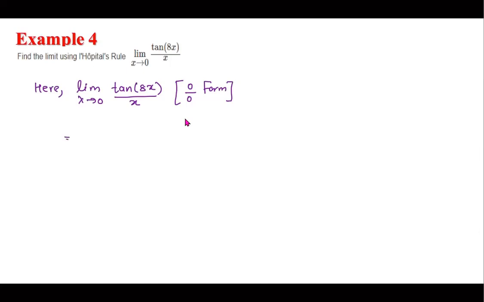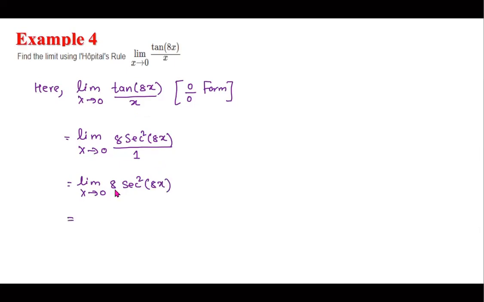That means we find the derivative of the numerator and denominator separately. Limit as x approaches 0. The derivative of tangent 8x is secant squared 8x multiplied by 8, divided by the derivative of x with respect to x, which is 1. So basically, we are just getting the limit as x approaches 0 of 8 secant squared 8x.